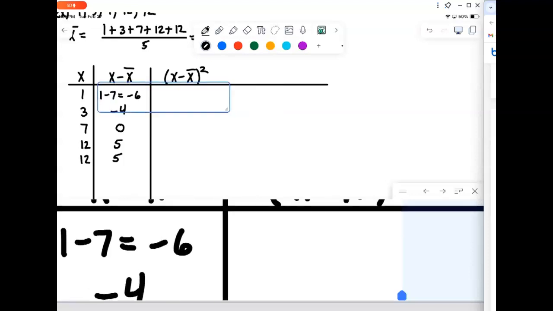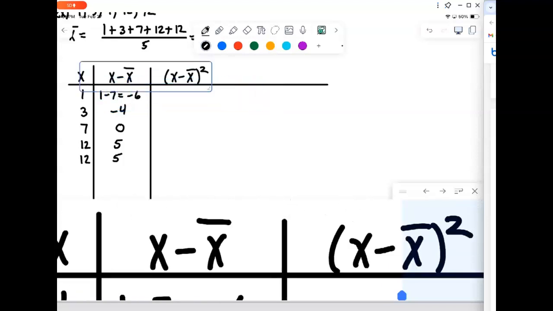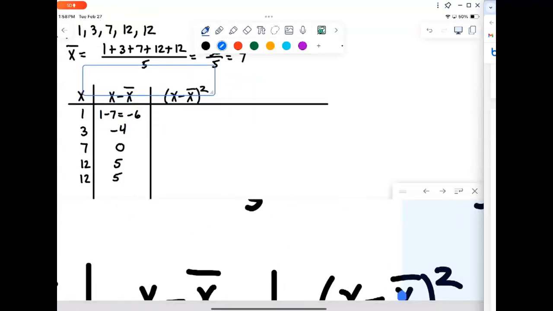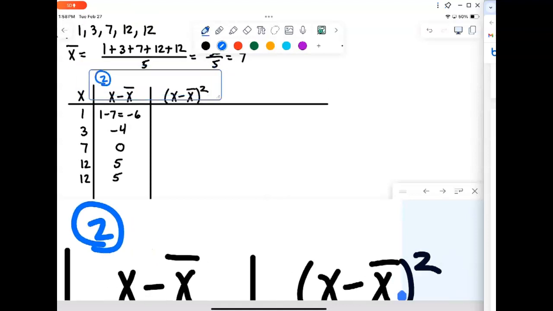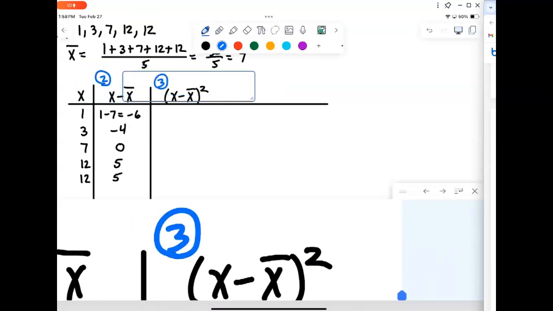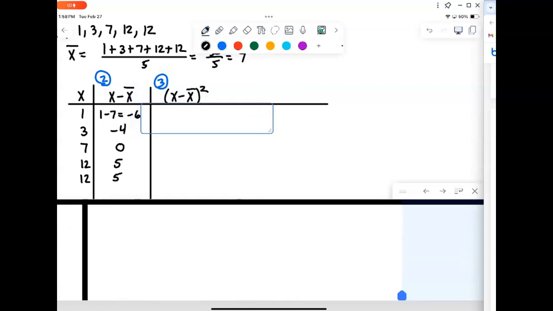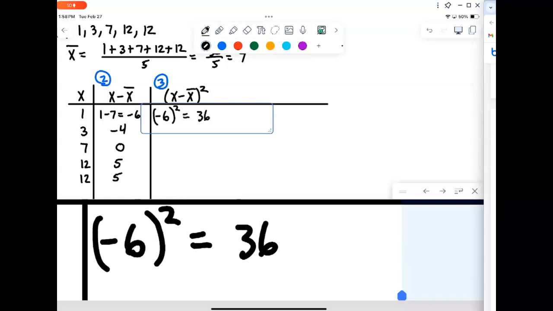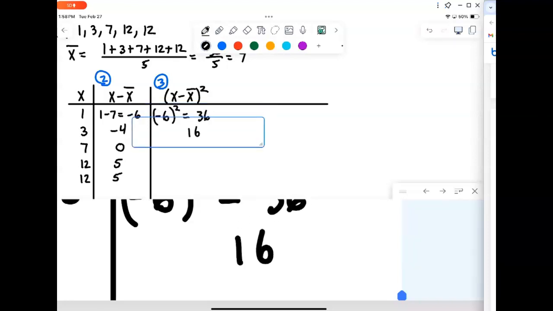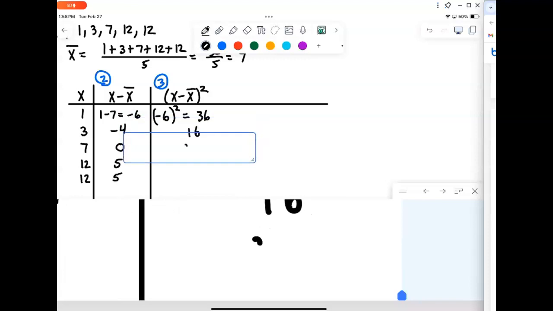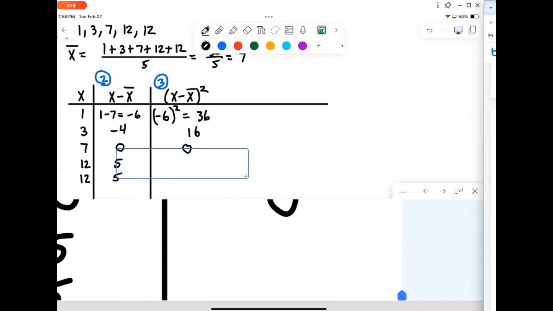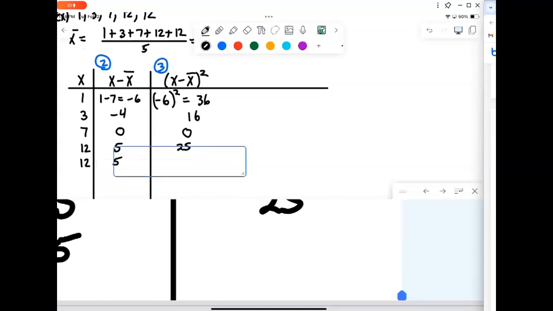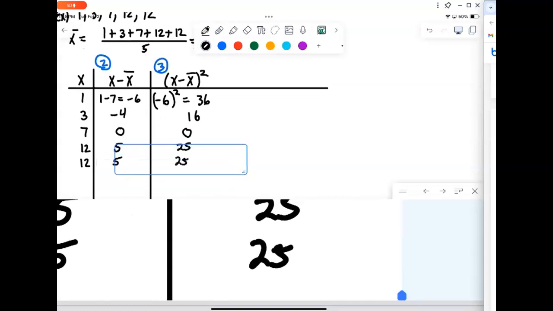So here we've done step 2, taking the difference for each value. Now we're going to do step 3. We're going to take each of those answers and square them. So minus 6 squared would be 36. Minus 4 squared would be 16. 0 squared would be 0. 5 squared would be 25. 5 squared would be 25 again.